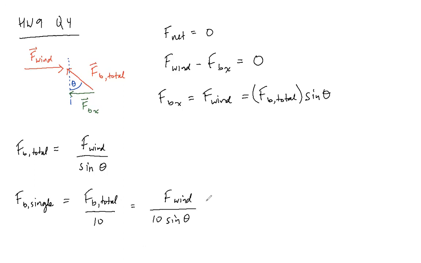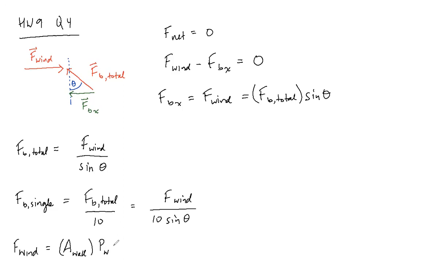And so now, but what is F wind? So F wind is equal to the area of the wall times the wind pressure.